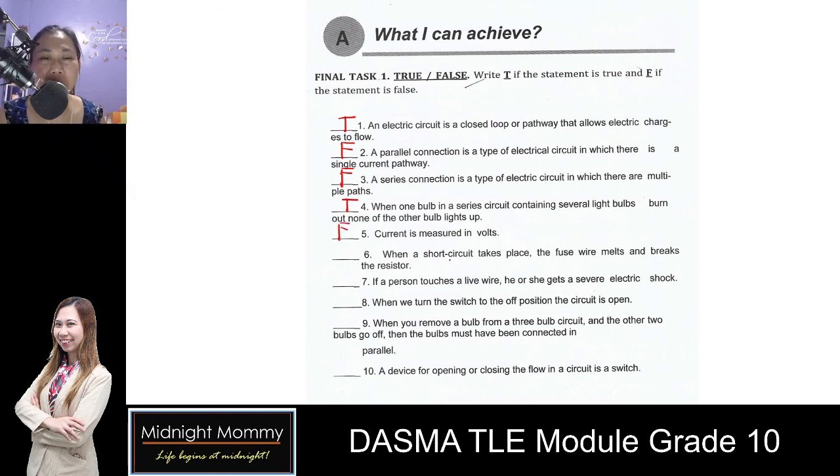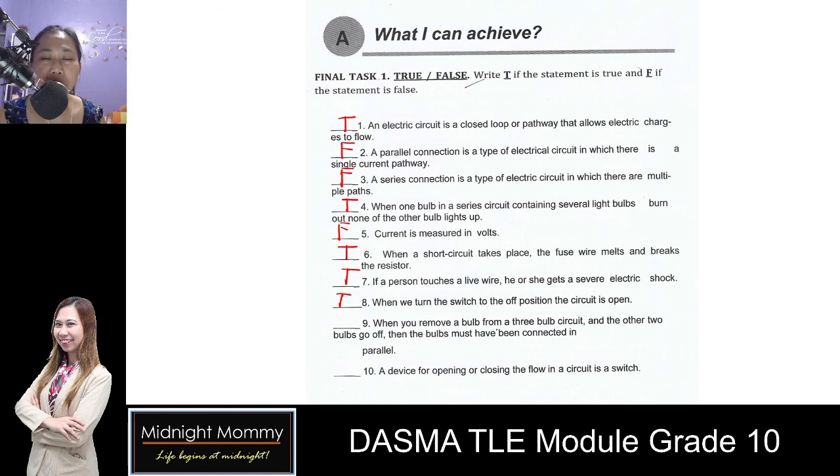Number 6. When an electric circuit takes place, the fuse wire melts and breaks the resistor. The fuse wire, okay, yes, this is true. Next, number 7. If a person touches a live wire, he or she gets a severe electric shock. True. Number 8. When we turn the switch to off position, the circuit is open. Okay, true. Next, number 9.